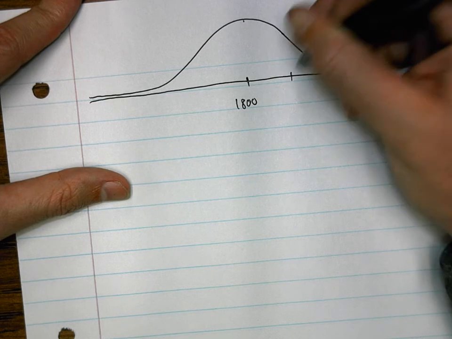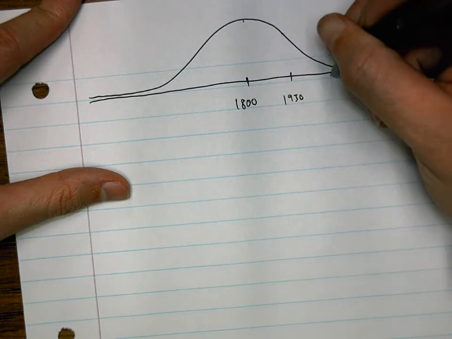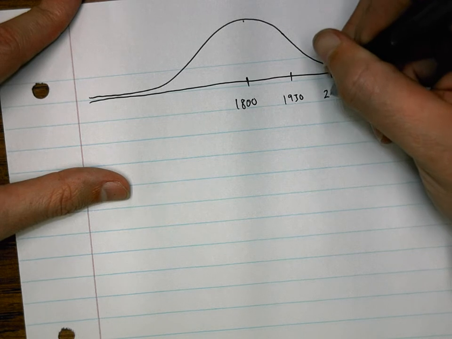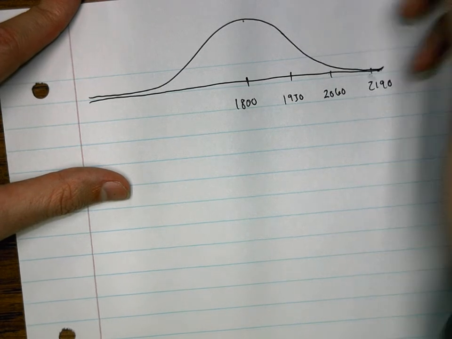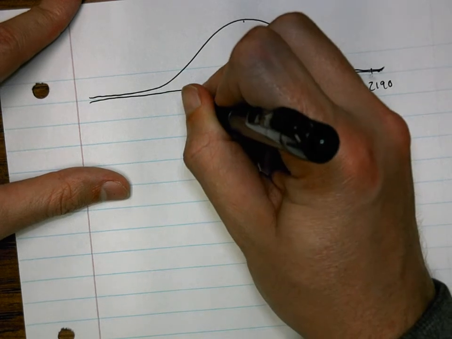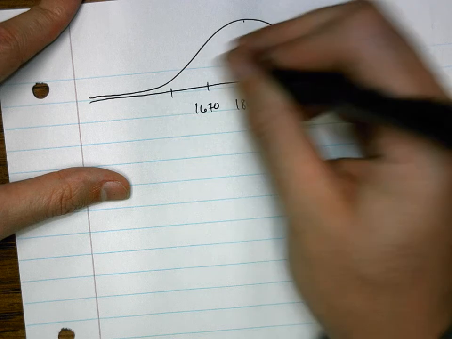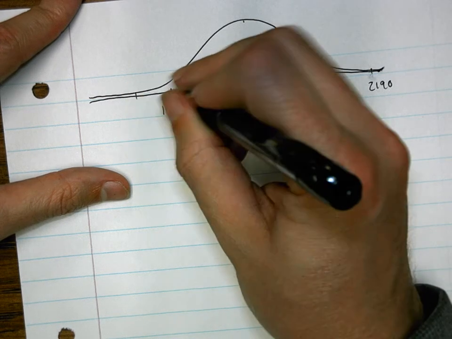Standard deviation is 130, so this is 1930. And this over here would be 2060. And over here would be 2190. Over here, 1670. Over here, 1540. Way over here, 1410.